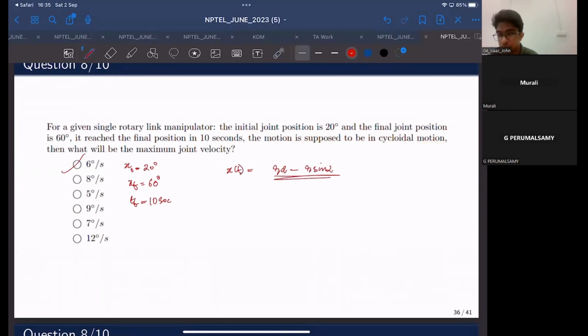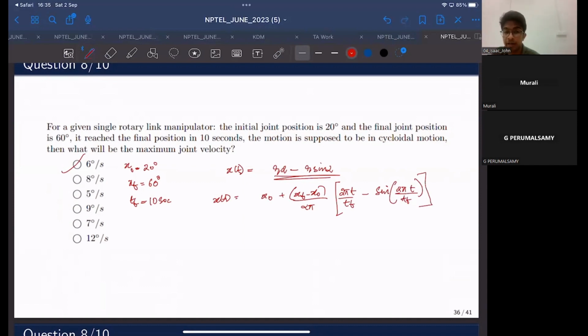So if you substitute the right values, x of t is nothing but x0 plus (xf minus x0) by 2 pi, the whole multiplied by (2 pi t by tf, that is your alpha, minus sine 2 pi t by tf).